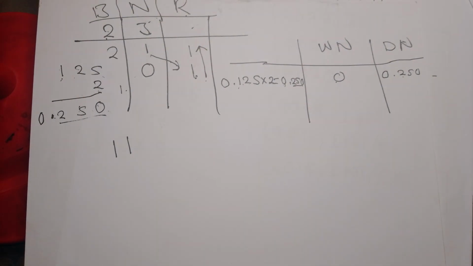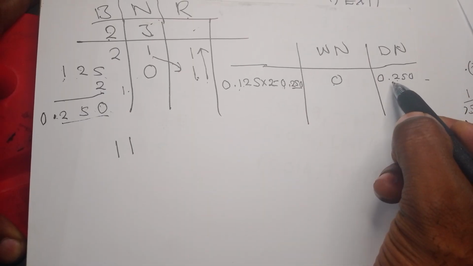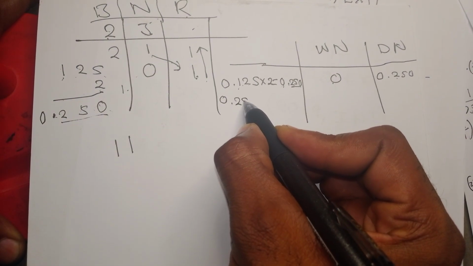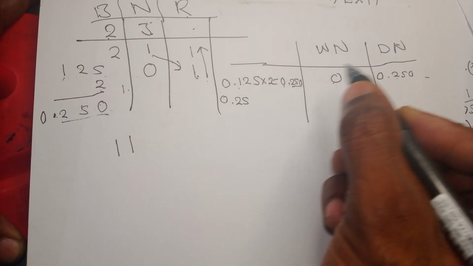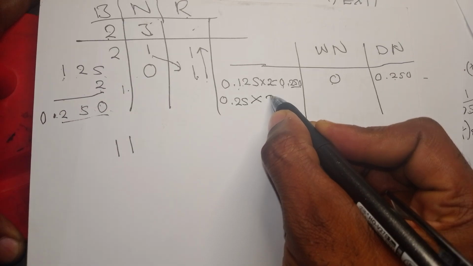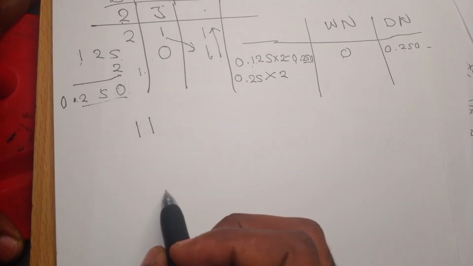You only stop when you have a 0 this side. So I'll get this, put it here, 0.25. You can put the last 0 if you want, but I'm going to ignore it. Multiplied by 2, and then you multiply these two numbers again.